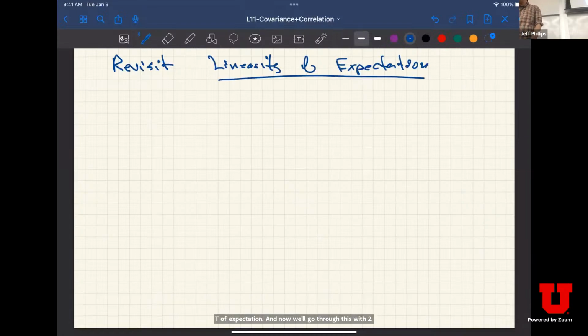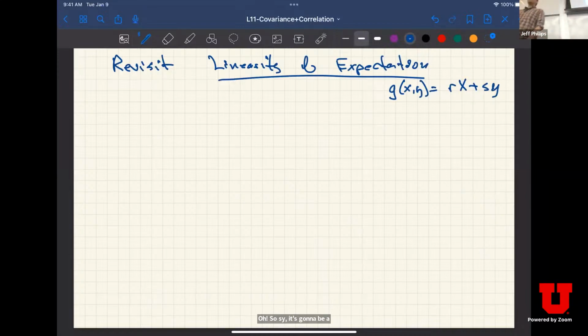Our function in this case, g of X, Y, is just going to be R X plus S Y. It's a linear function.